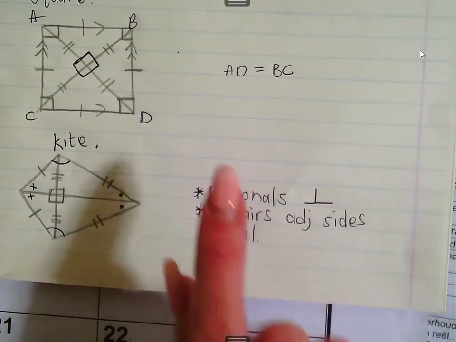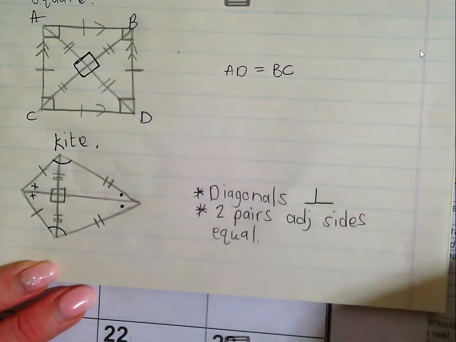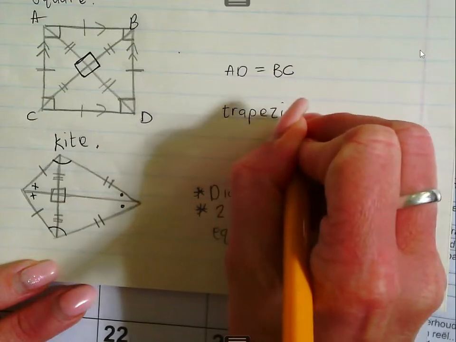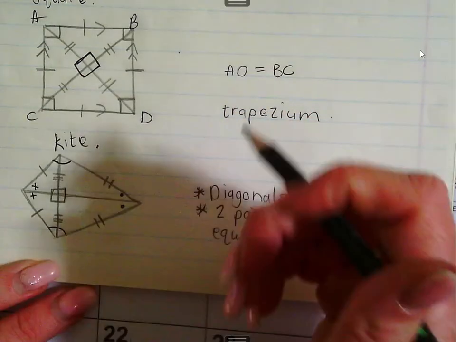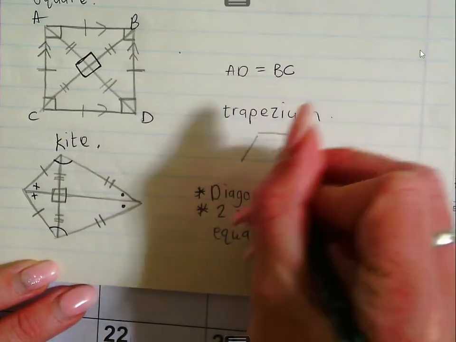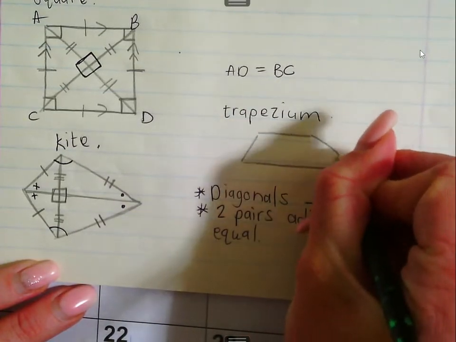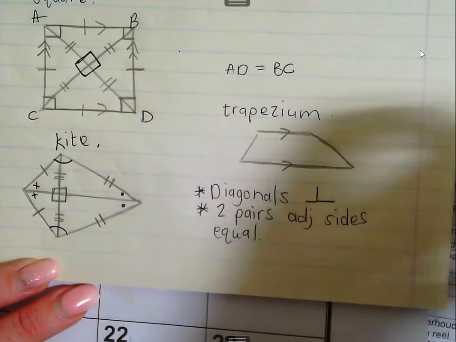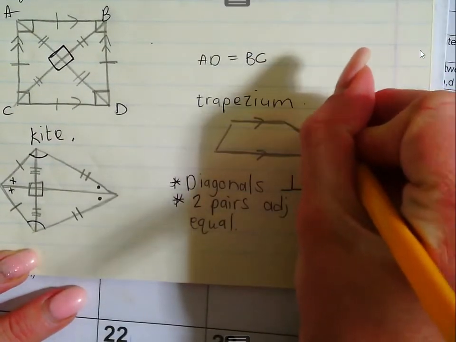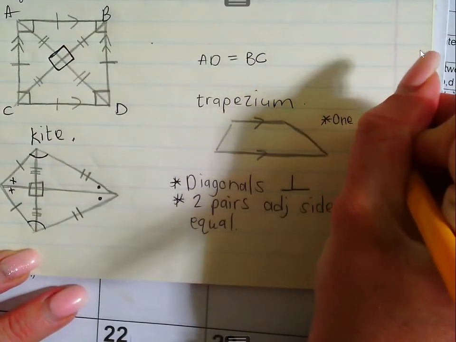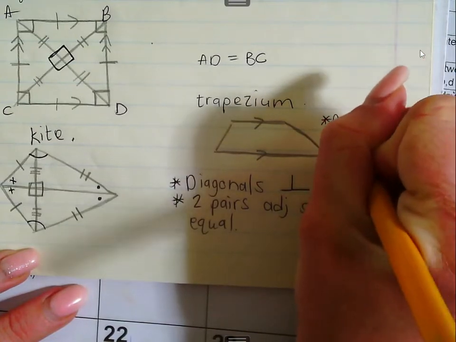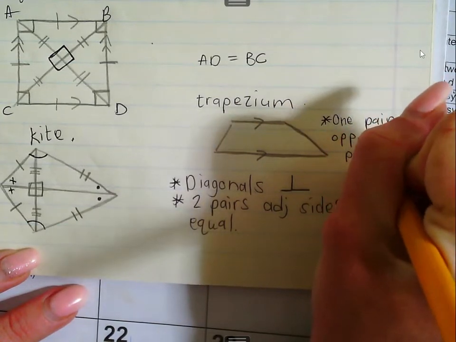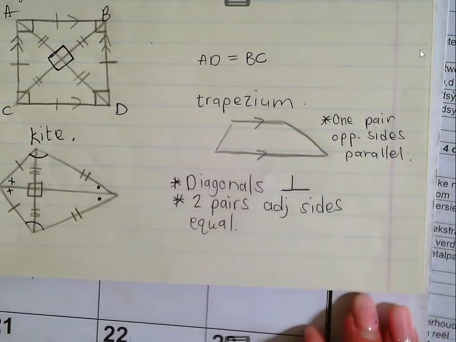Then those of you still busy can just keep copying. One pair opposite sides parallel. That's it.